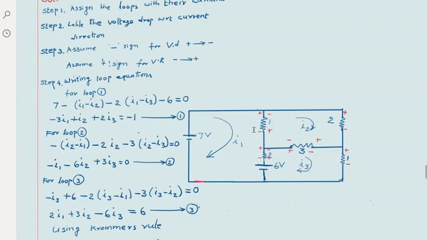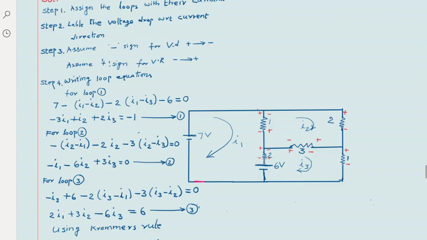Because we are writing loop 1, we assume I1 is more than the neighboring loop current, so we write first 1 into I1, and there is another current also flowing, I2, from bottom to top in the 1 ohm resistor, so in the opposite direction of I1. So we write minus I2, opposite sign of I1. That is why we write I1 minus I2.